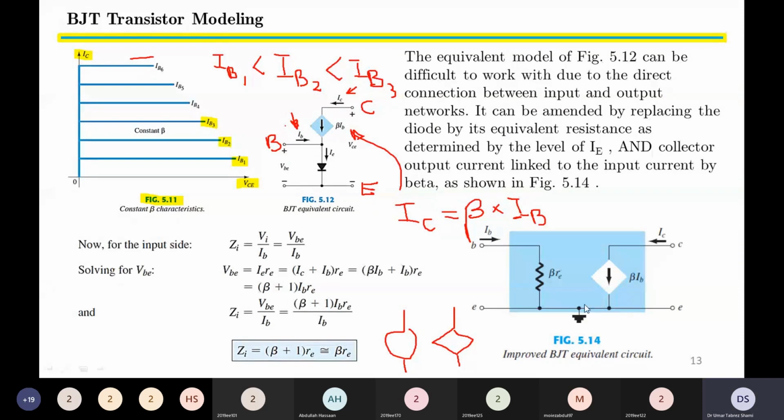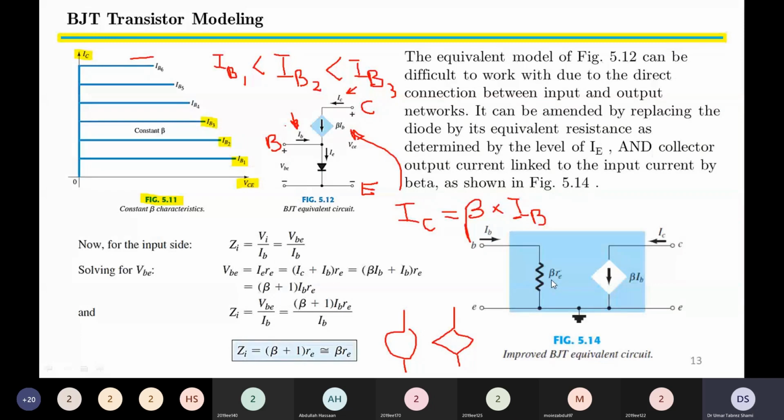Now let us look at the value of input resistance between base emitter. Let us determine why there is beta times Re between base and emitter. Why do we see base emitter terminal being represented by beta times Re?